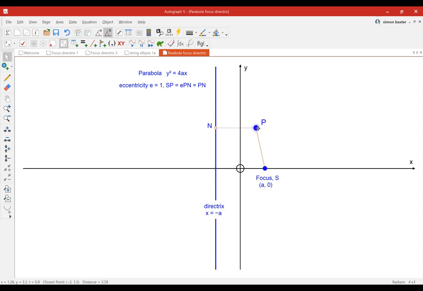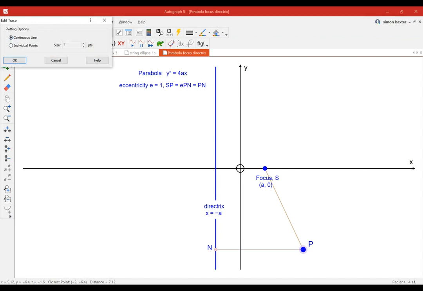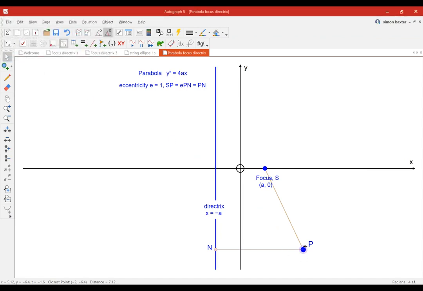If we keep those two distances equal, SP equals PN, you can see that the point P is tracing out a nice, happy-looking parabola. Well, let's put a trace on that so that we can actually see where it's going.